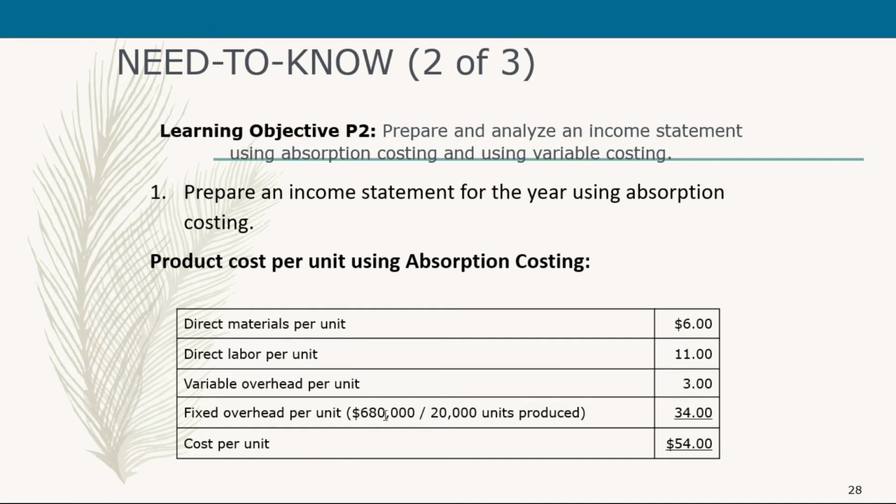In this case, since it was given here that your fixed overhead cost for the year is $680,000, we divide it by your units produced of 20,000, giving us the fixed overhead cost per unit of $34. So adding all this unit cost per element of the product cost, it will give us the product cost per unit of $54. And this amount will help us compute the cost of goods sold.